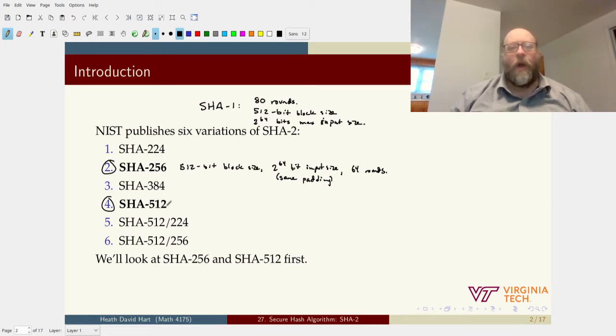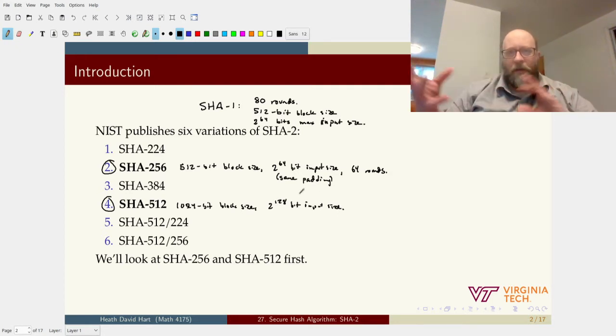SHA-512 is a little bit more robust. It uses a 1024-bit block size, a new padding algorithm that will support up to 2 to the 128-bit input size. But because there's more data, it takes a little bit more computations to securely confuse and diffuse that much data.